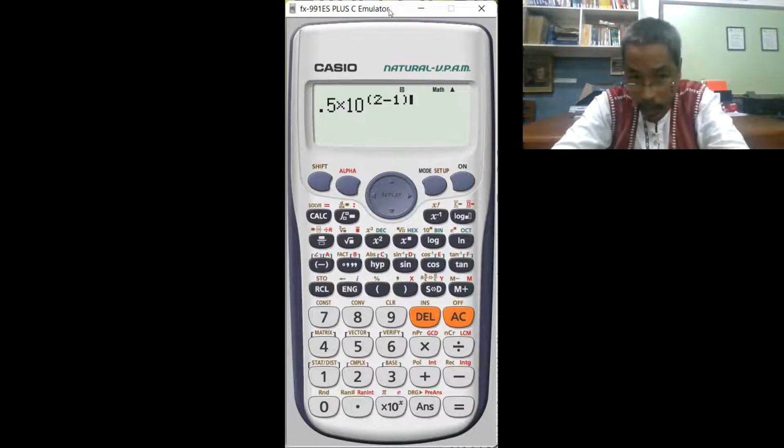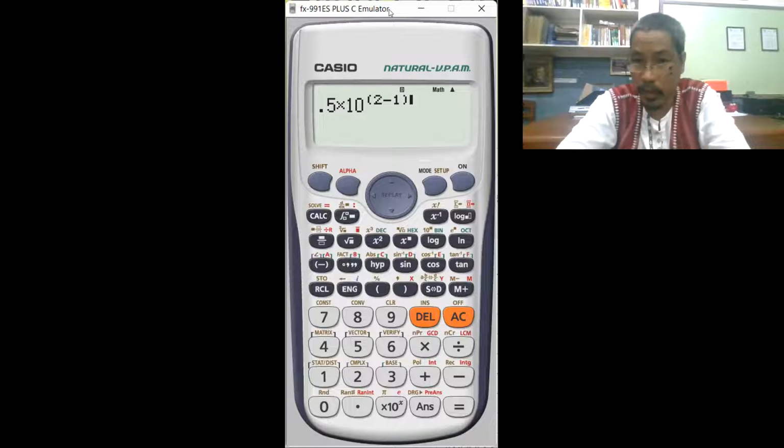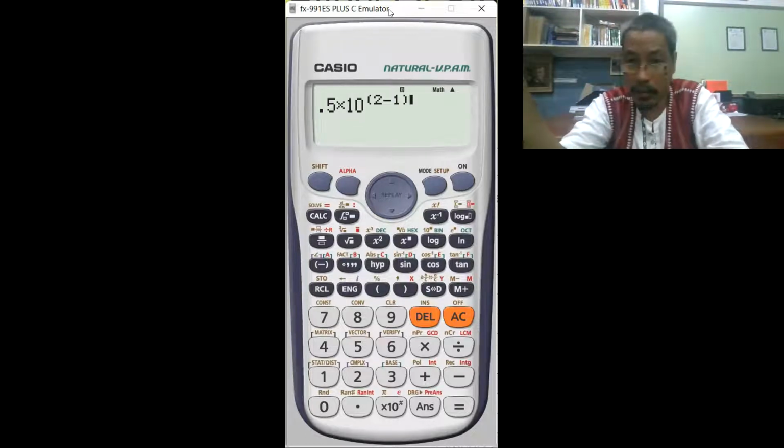On the first line of the table, we don't have any answer because there is no previous approximation. We cannot provide an answer for approximate error, because approximate error is the present approximation minus the previous approximation.